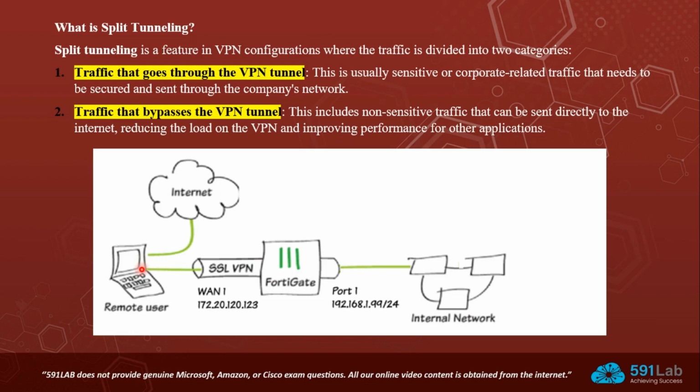That means the internet traffic also goes through the SSL VPN tunnel to the FortiGate, and the FortiGate routes your internal access towards the internal network, and the internet traffic towards the internet. And when you enable split tunneling, your internet traffic goes through your direct internet connection, and the internal access goes through your SSL VPN tunnel.